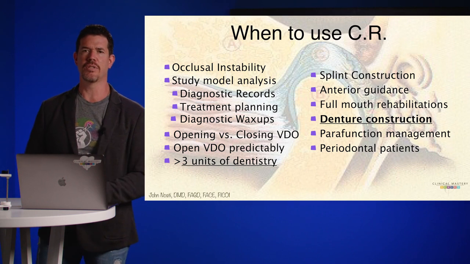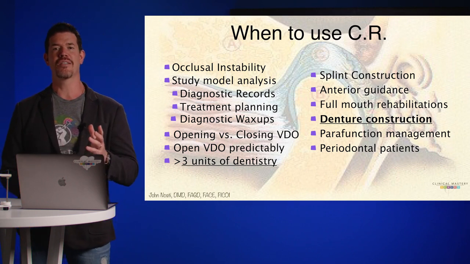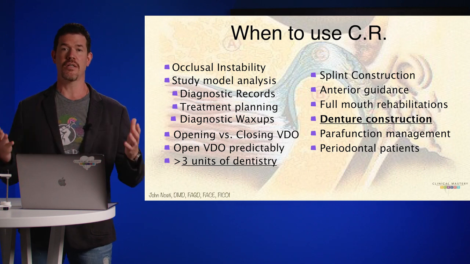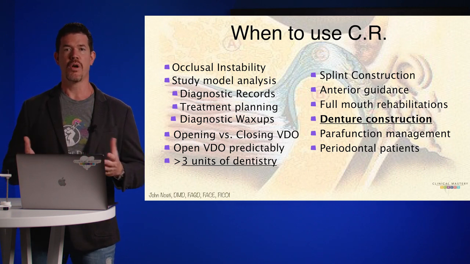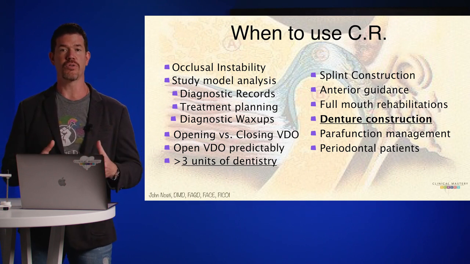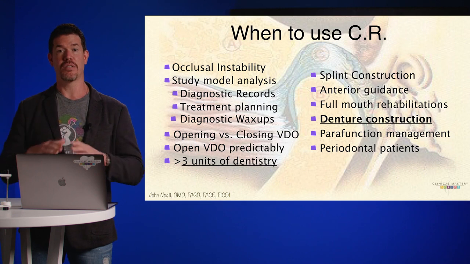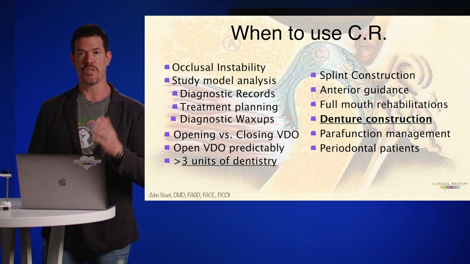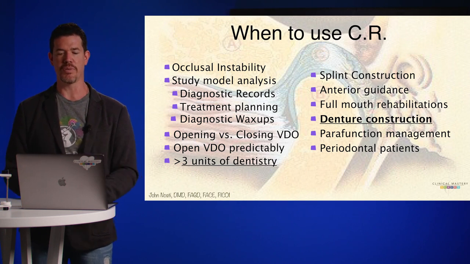If a patient comes in and shows signs of occlusal instability, so if I see the existing occlusion is not working for them, or they have a parafunctional habit, we want to rebuild that occlusion to a position that's reproducible and optimizes the forces on the teeth. That is when I would use CR, or centric occlusion position.